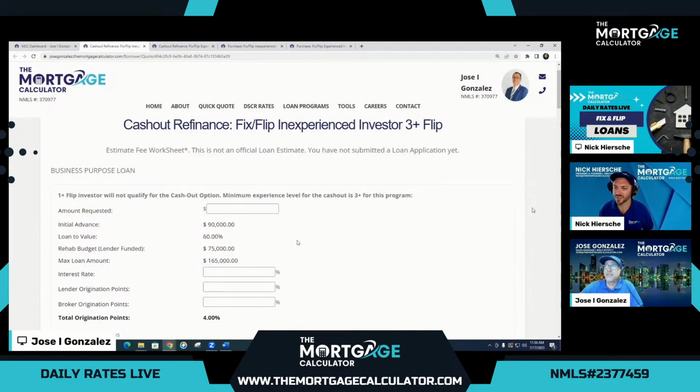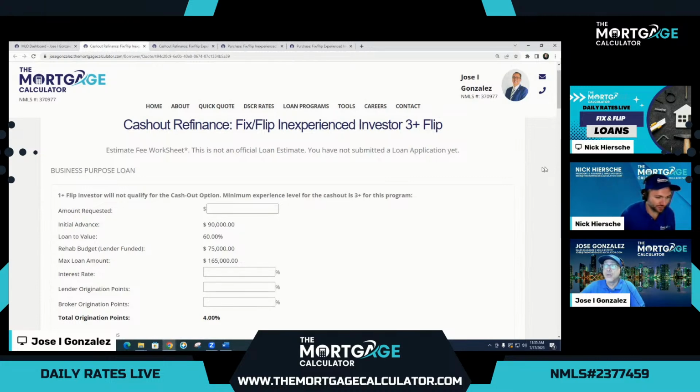same scenario here. There's no real difference here because in this case they only allow this cash out scenario when you have three or more flips. The person with one or two is shut out of this scenario because it's too high of a risk for the lender to lend them money because they don't have enough of a track record.